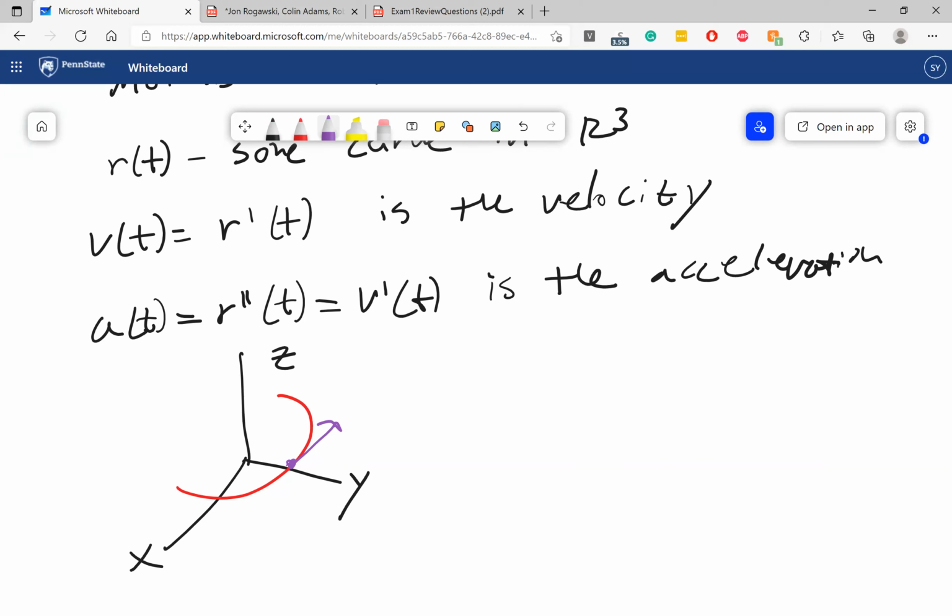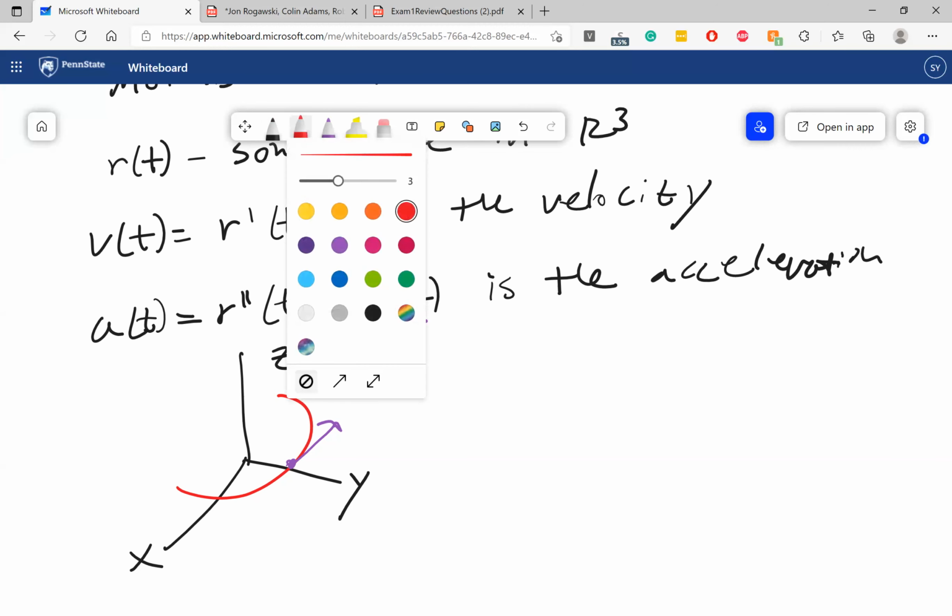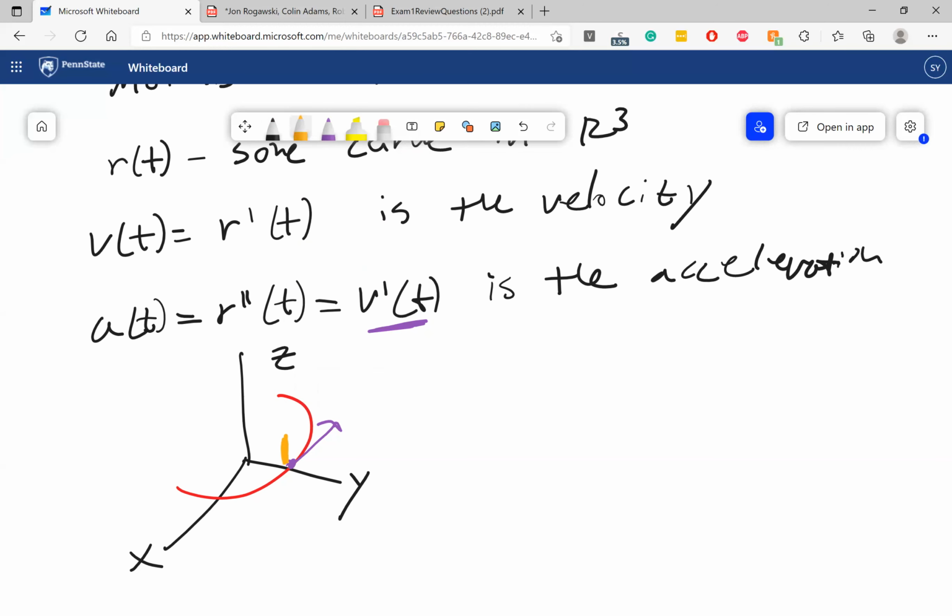And acceleration is how quickly your velocity changes. It's the derivative of velocity. And so that tells you if you vary the time, how quickly is your velocity changing? And that's acceleration. And it might be some other vector, maybe pointing inwards in this case, something like that.